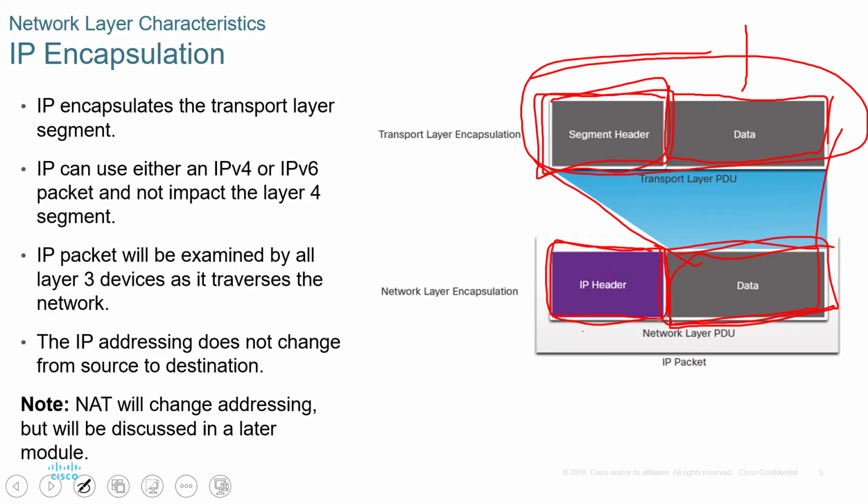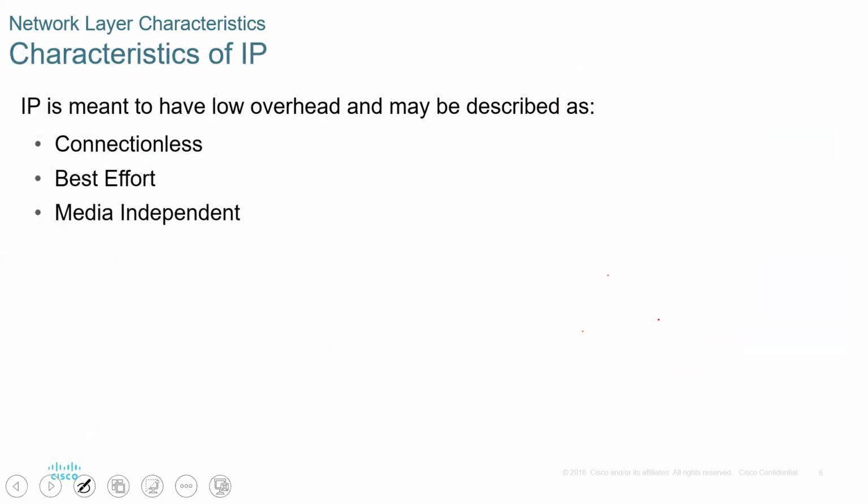In the last class, we saw that in layer 2, the data link layer, the MAC addresses change because the packet traverses different devices. So the MAC addresses of each of those devices change. But the IP address does not change. The same source and destination IP address continues until it gets to its destination.